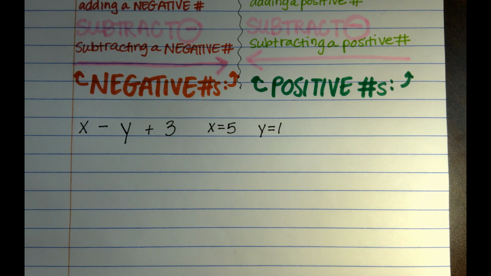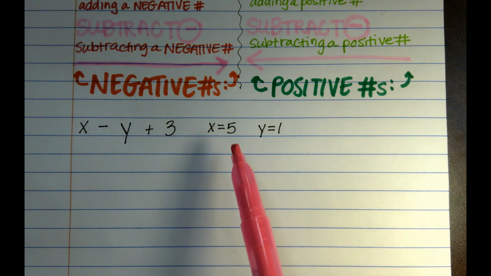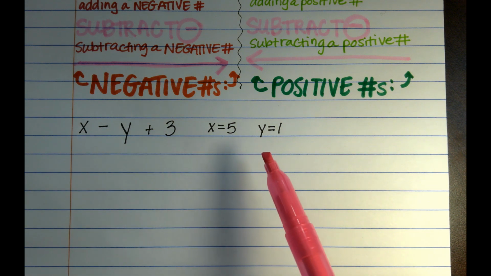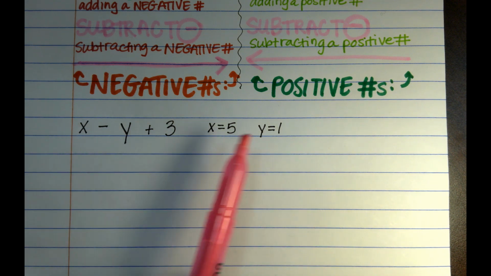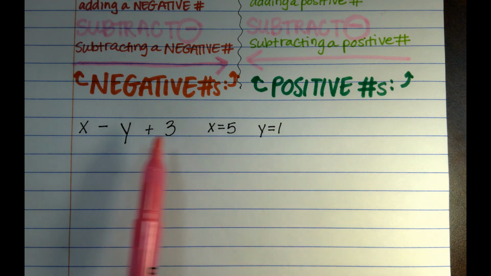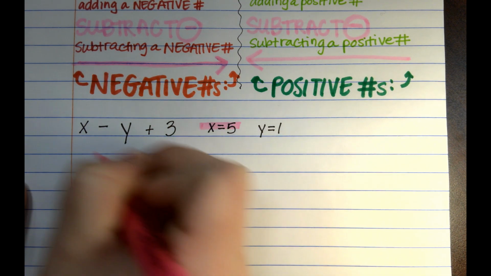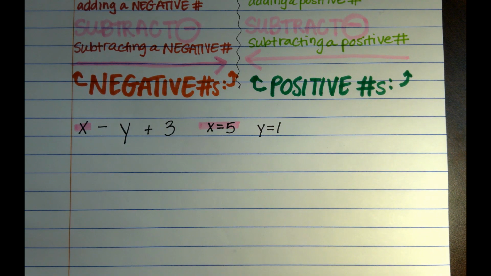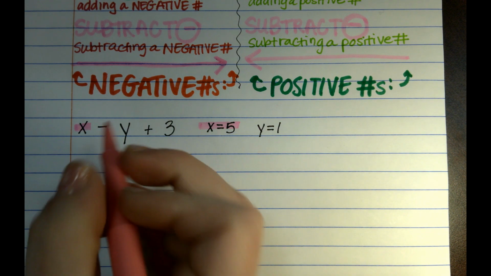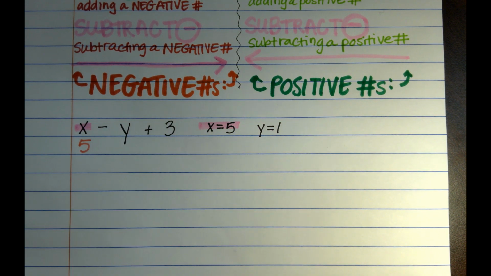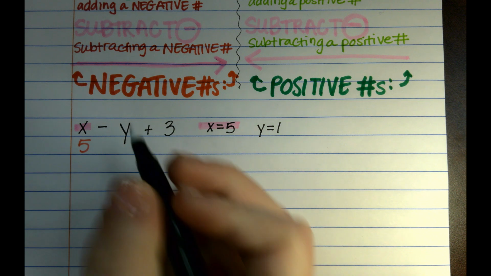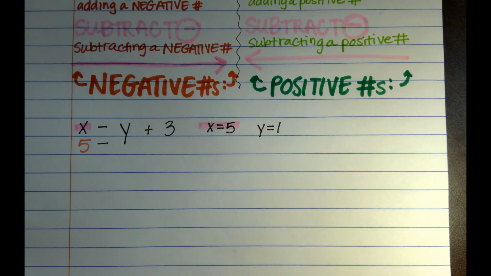We're going to plug them in, right? What would I do to start here? 5 minus 1. Good. Perfect. x is 5, so I'm going to write 5 minus 1, because y is 1.